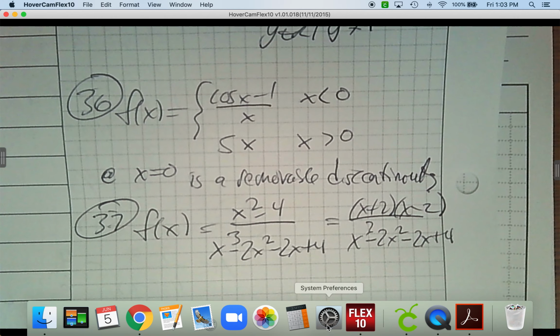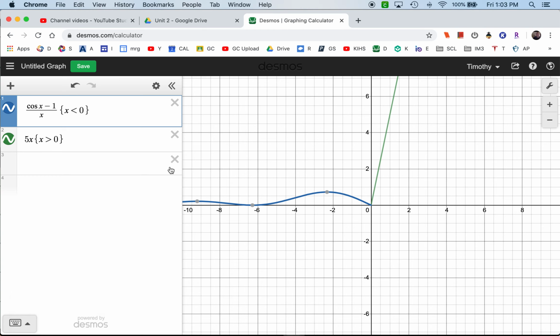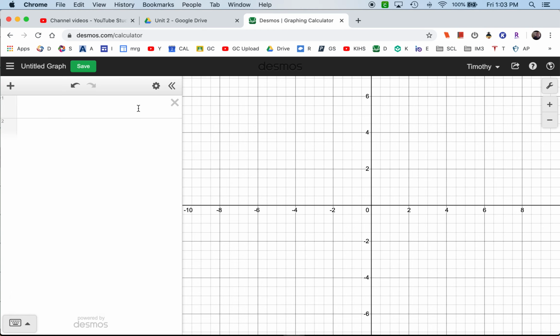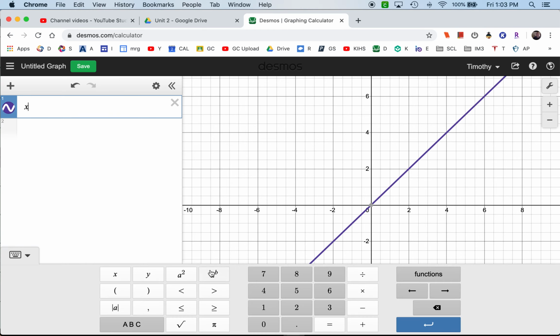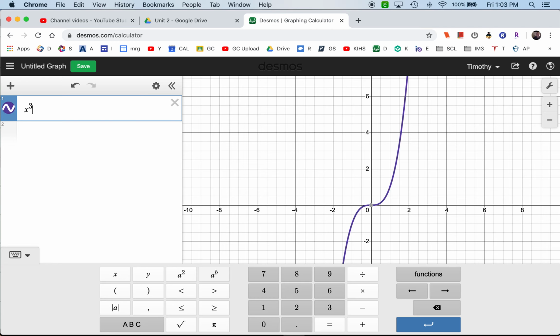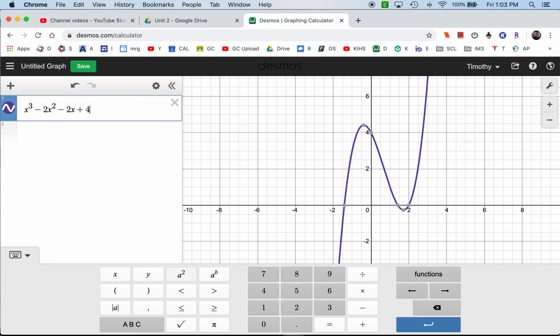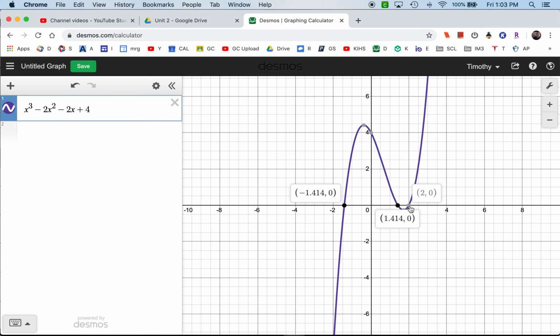So let's first of all go back here. So I'm going to type in x cubed. What else do we have here? Subtract 2x squared. Subtract 2x plus 4. So I'm just really looking here at these values that make it 0. So what x values make the answer 0?